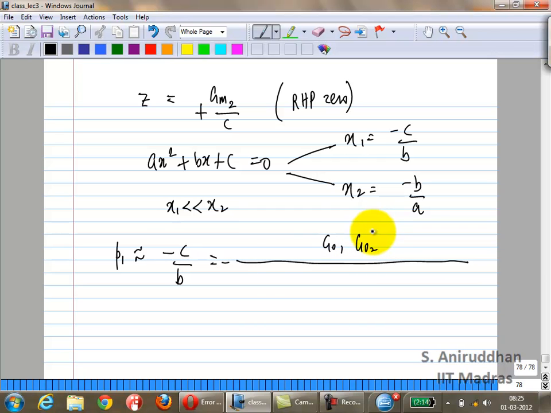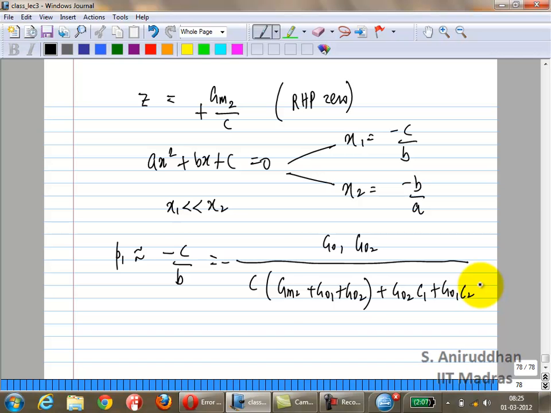GO1, GO2 over, I'll separate the terms a little bit, GM2 plus GO1 plus GO2. Then what I'll do is I'll move back. I'll divide the numerator and denominator by GO2.